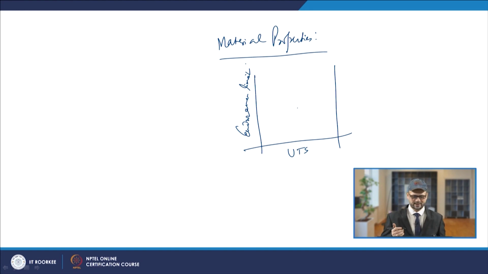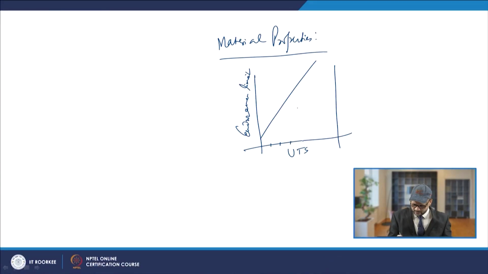If you talk about the UTS and the fatigue limit, you will have this kind of behavior. Normally, if you look at the values, whatever value is here, you will have half that value.